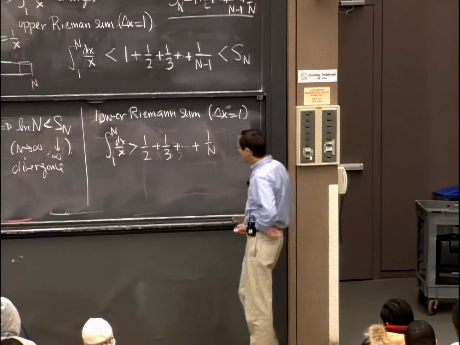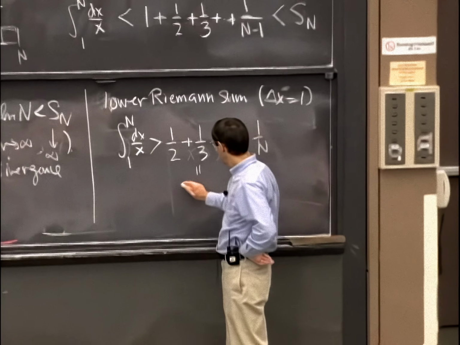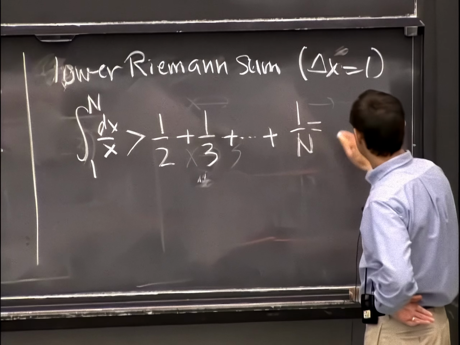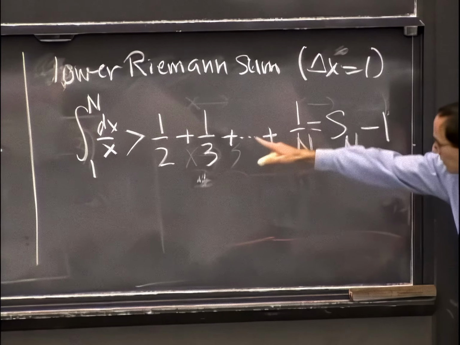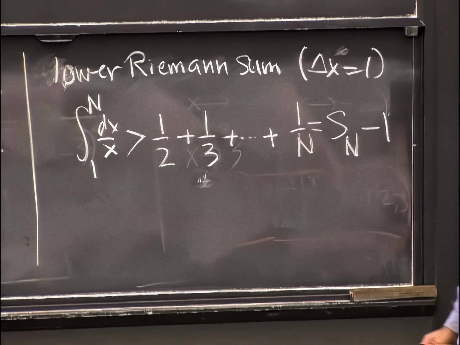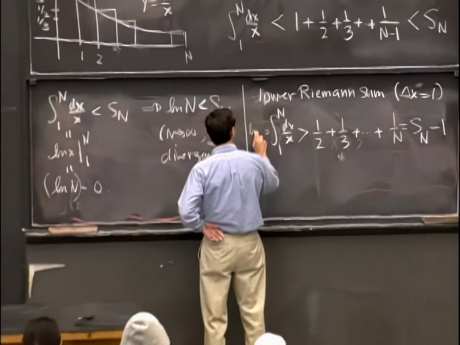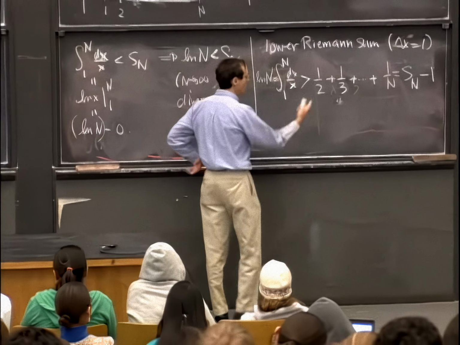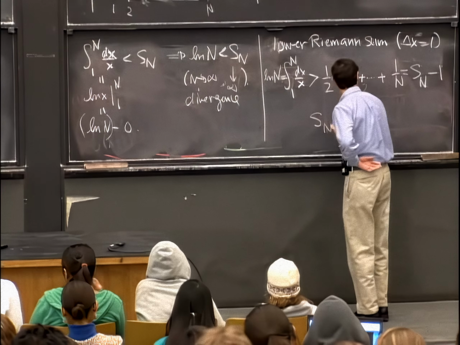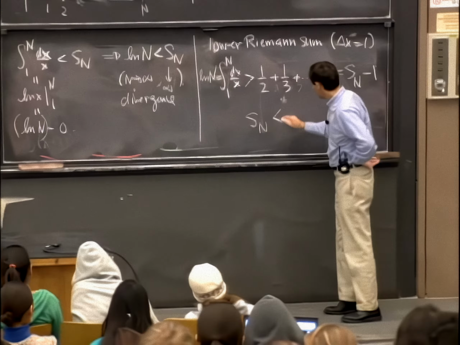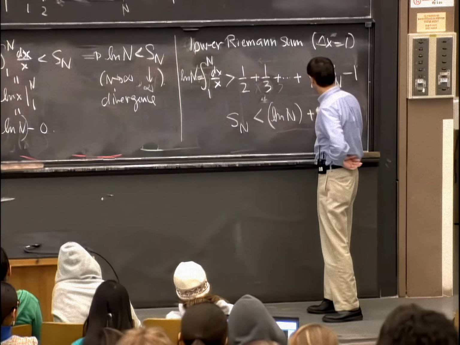And now we can recognize that this is exactly equal to Sn minus the first term. So we missed the first term, but we got all the rest of them. So if I put this to the other side, remember this is log n. I have the other side of this bound. I have that Sn is less than log n plus 1.